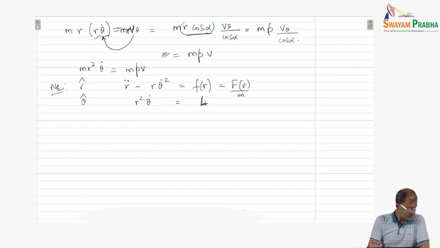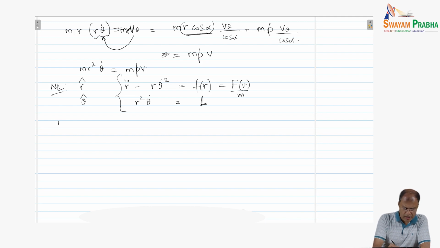From these two relations, we can quickly derive one of Kepler's laws, namely Kepler's second law. The law says, I'm just repeating, that the area swept by the planet in equal times is equal, right?